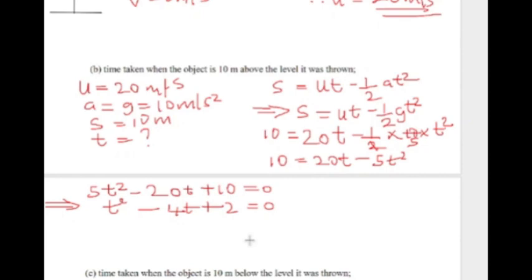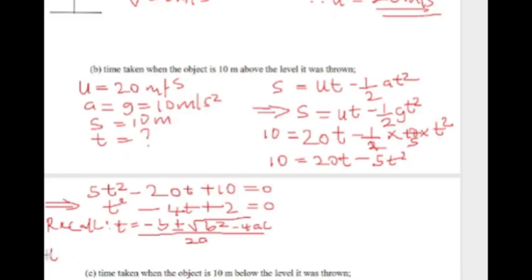Initially, we attempt to factorize this quadratic equation, but we see that it is not factorizable. Okay, so we're going to use the quadratic formula. I will recall that the formula says, in this case, t = minus b plus or minus the square root of b squared minus 4ac, everything divided by 2a.